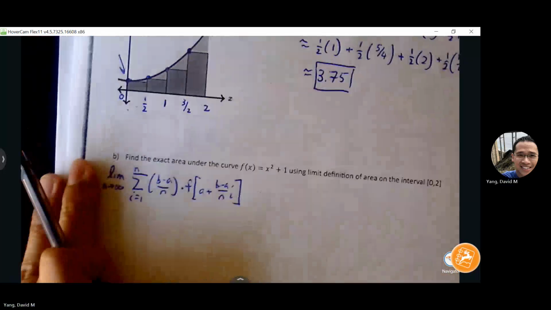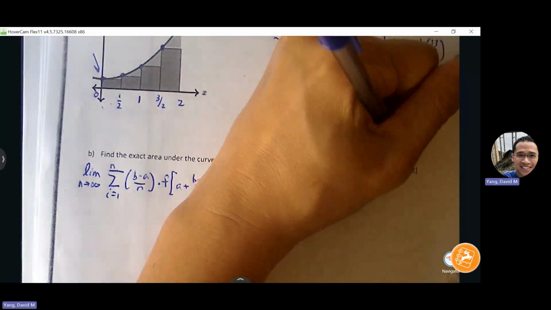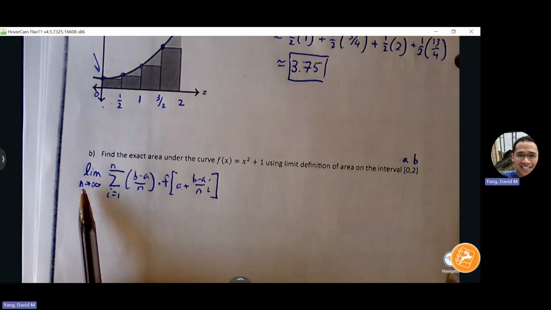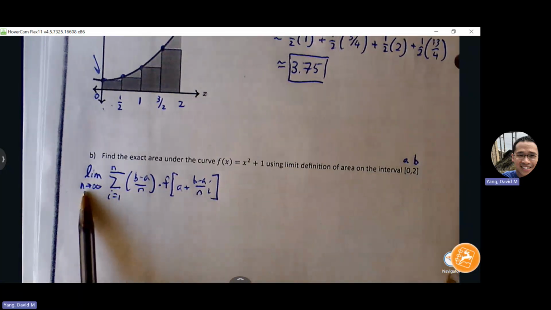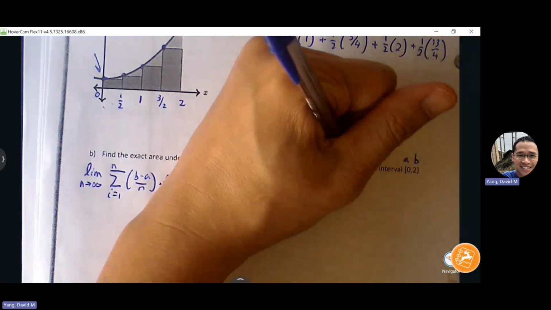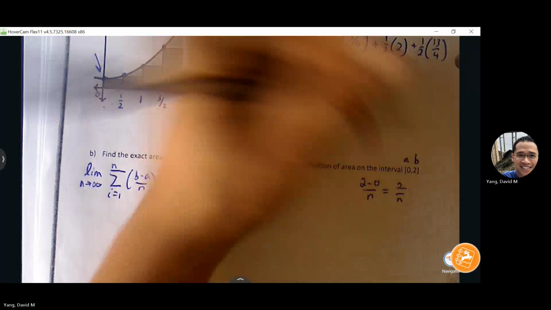So what is my width? 2 over n. I don't know what n is because I don't want to restrict it to just be a set number, right? I want that n to be flexible so that it can be pushed out to infinity. So my width is just b minus a over n, which is just 2 minus 0 over n, which is 2 over n.